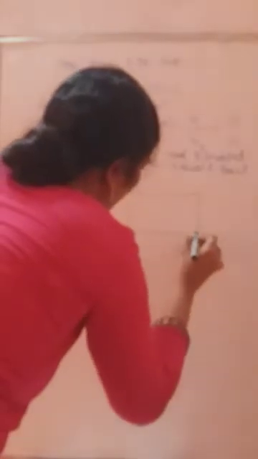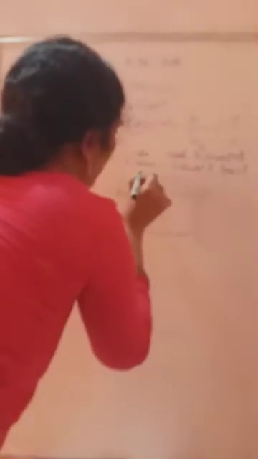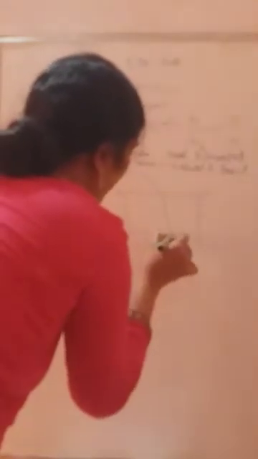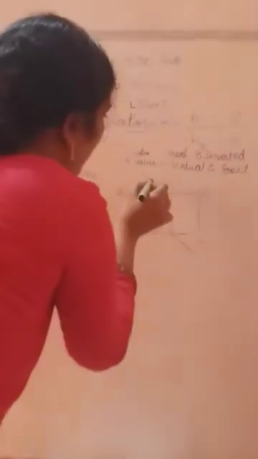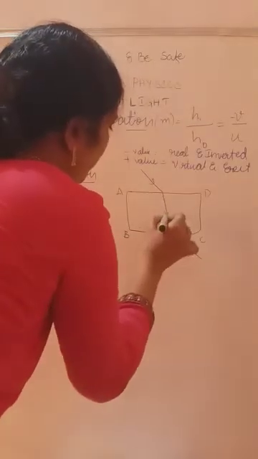When the light ray is transferred from a rarer medium to a denser medium, it bends, and that is called refraction. I already showed you with the diagram. This is the glass slab, A, B, C, D. Here the white light travels and bends, then again moves in the same direction.